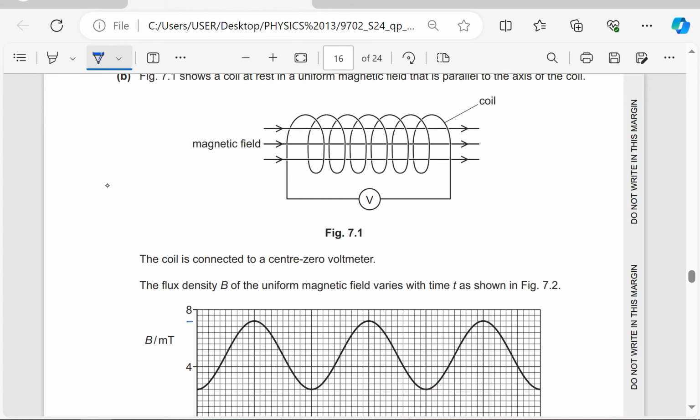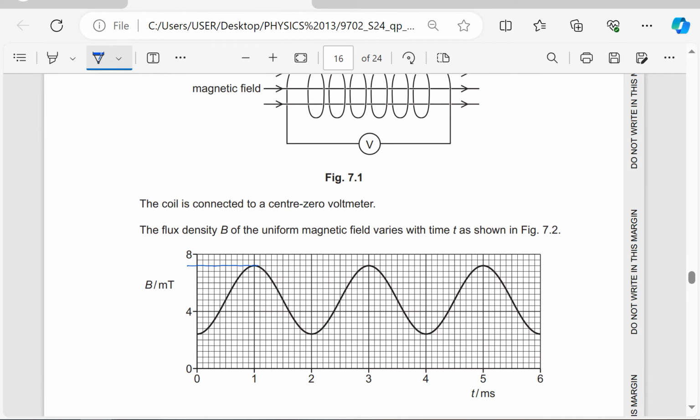The maximum B is this one, I think, which is 7.2, because the scale is 4 divided by 10, 0.4.